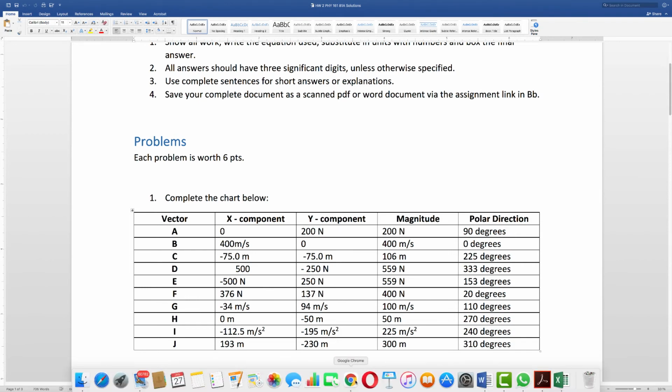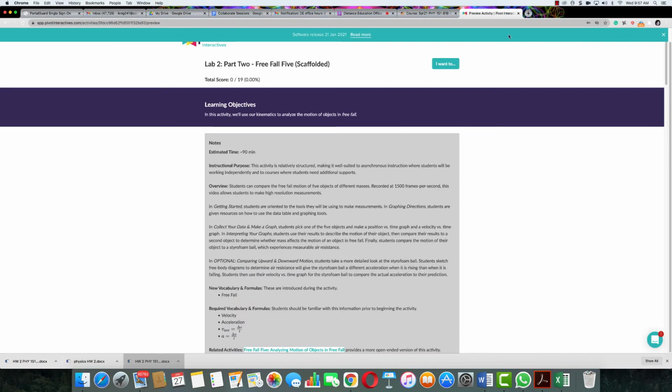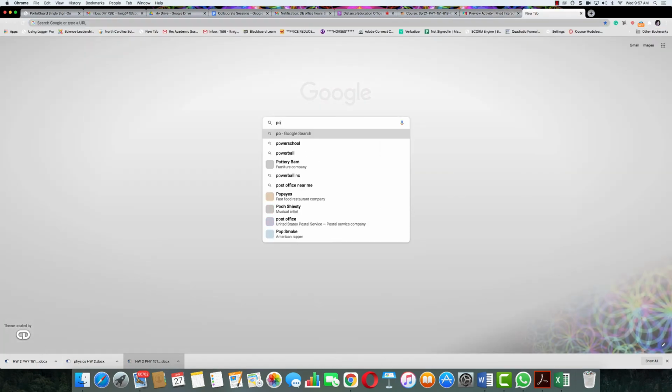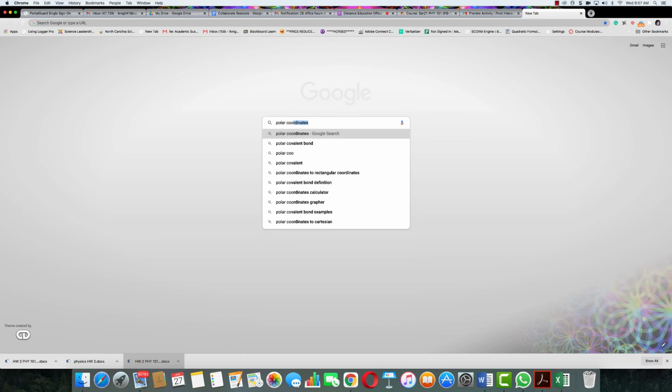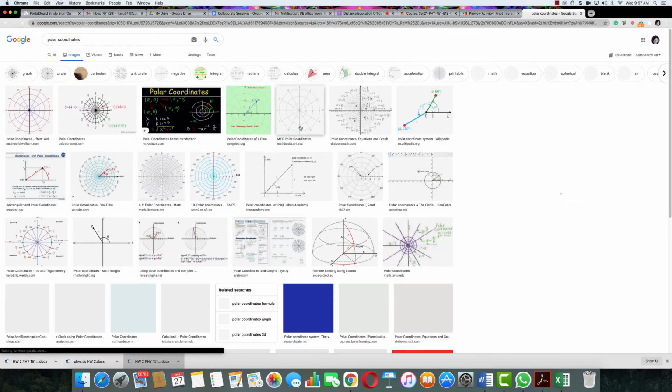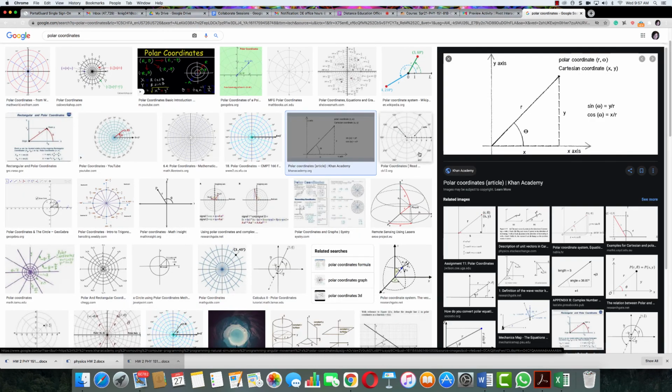So if I were to do a search for that on Google, I'm just going to show you. I would be measuring that angle from the positive x-axis.